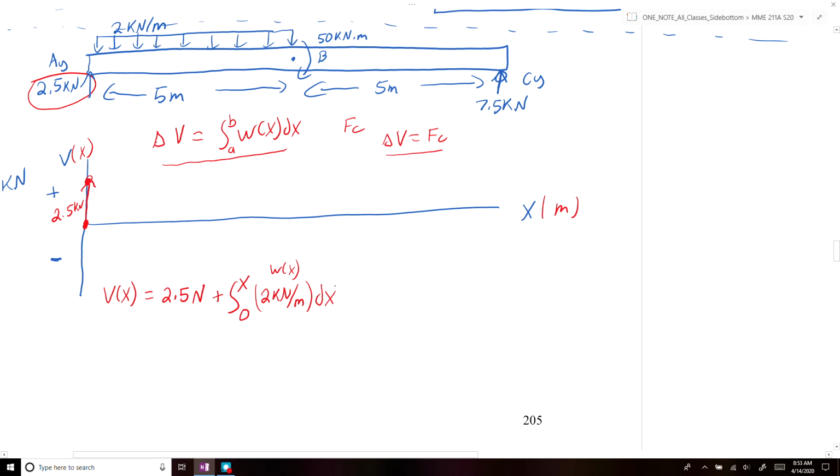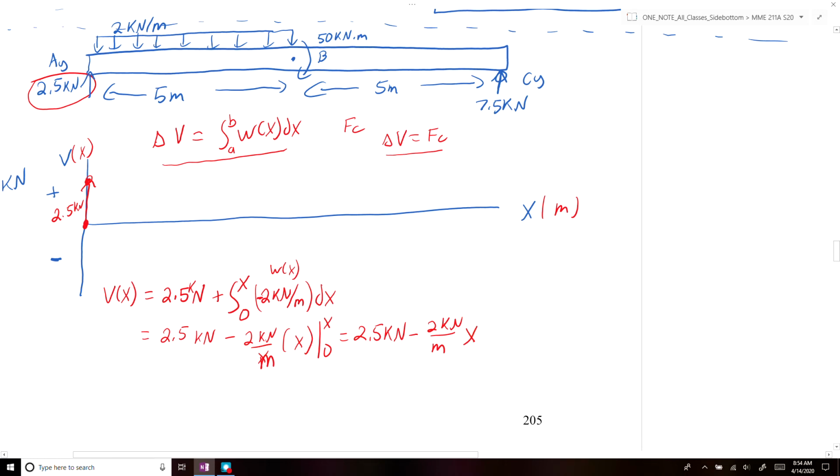After we integrate this, we get 2.5 kilonewtons minus 2 kilonewtons per meter times x, evaluated from 0 to x. So we just end up with 2.5 kilonewtons minus 2 kilonewtons per meter times x. And that's our equation.